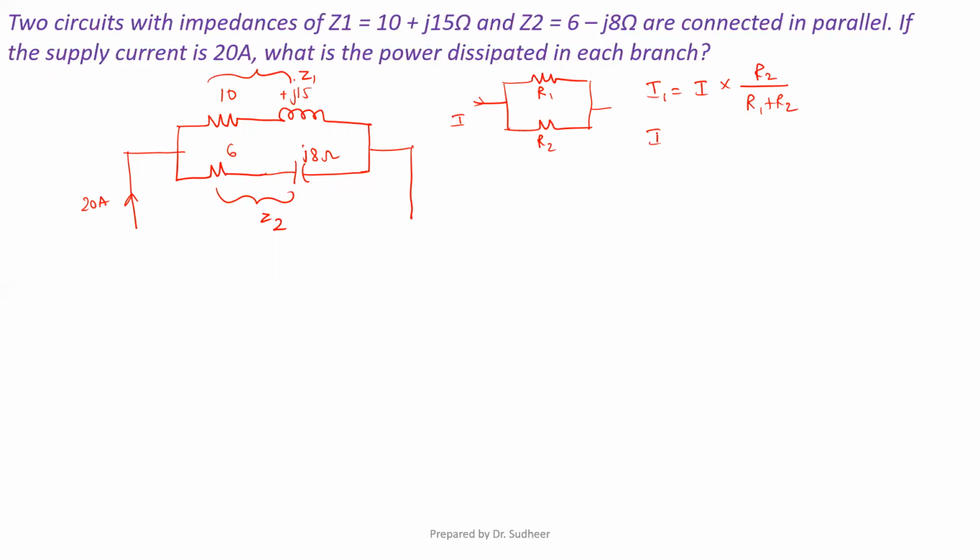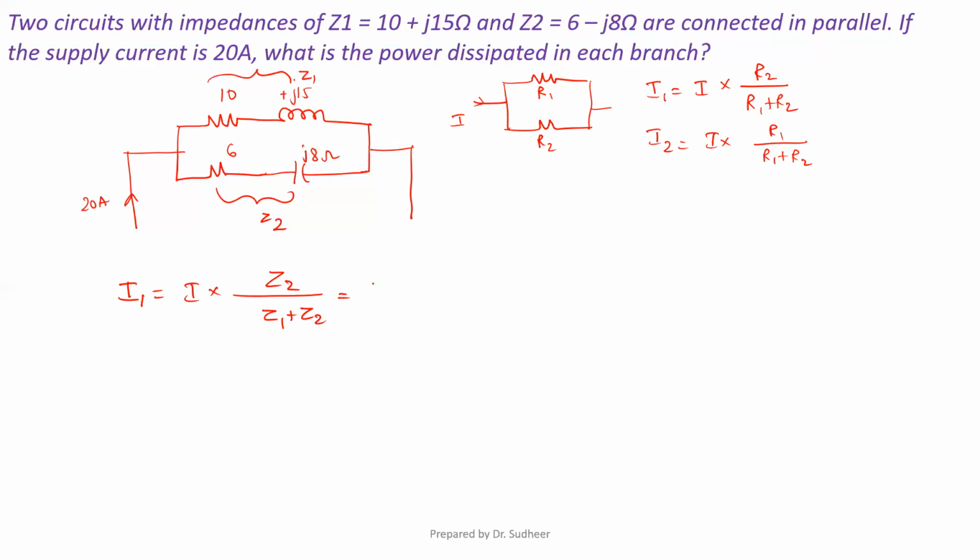In the same way, I2 is equal to I into R1, the opposite resistance, by R1 plus R2. The same thing will be applicable here because we need to find the power dissipated in each and every branch. So we need to find I1. So I1 is equal to total I into Z2 by Z1 plus Z2.